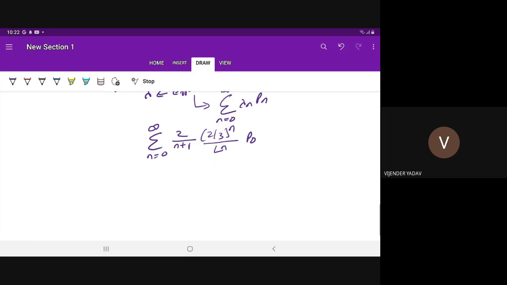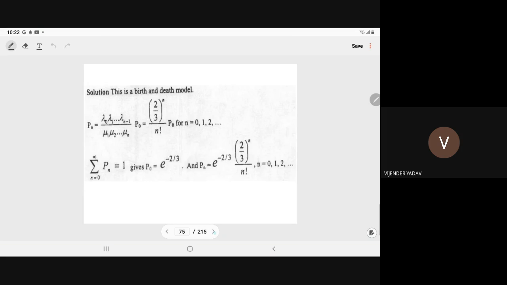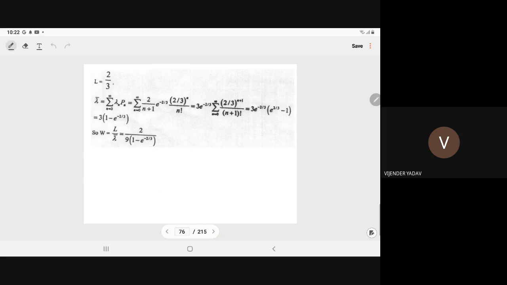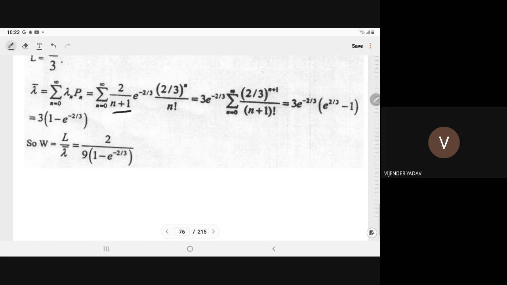So this is the basic formula we have written. Here lambda n is 2 upon n plus 1, times 2 by 3 to power n upon factorial n into e to power minus 2 by 3.